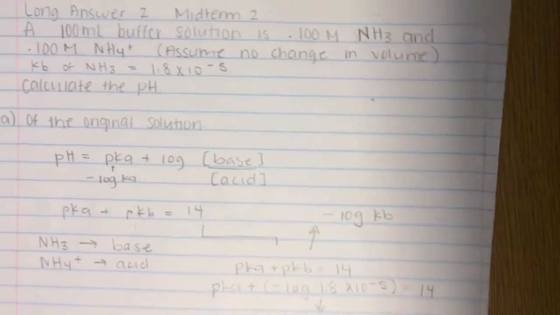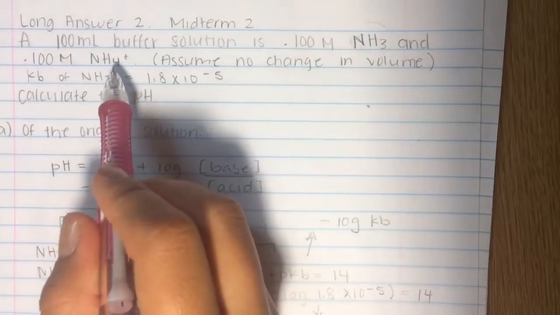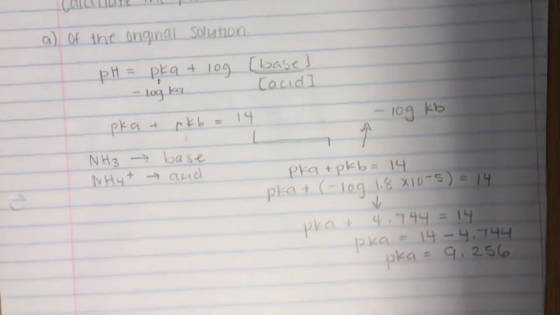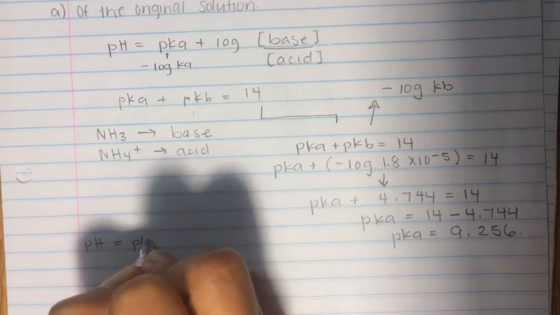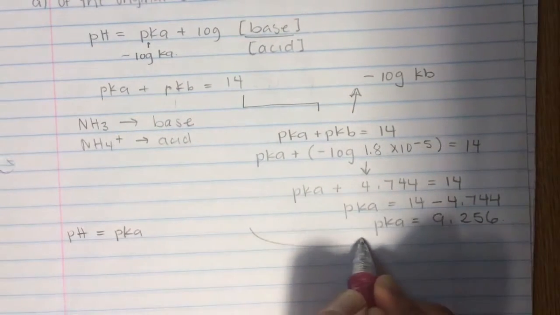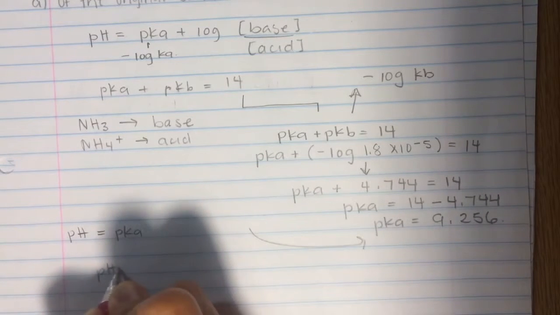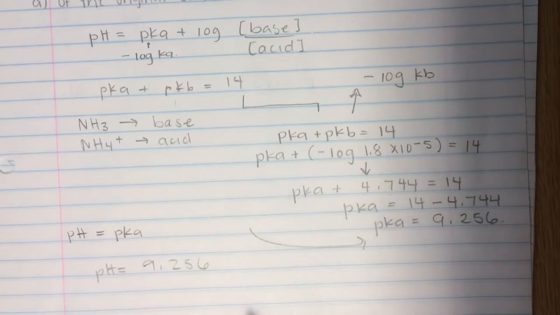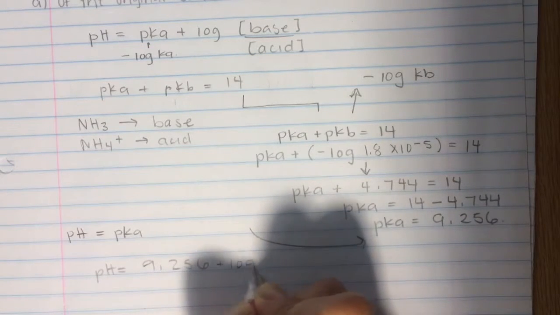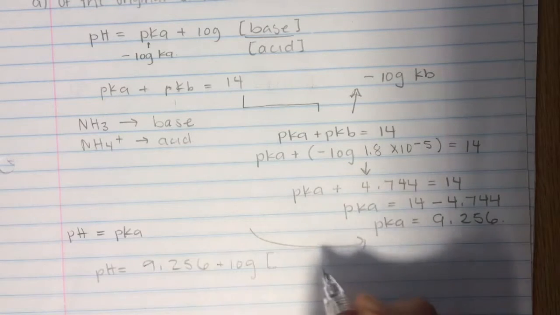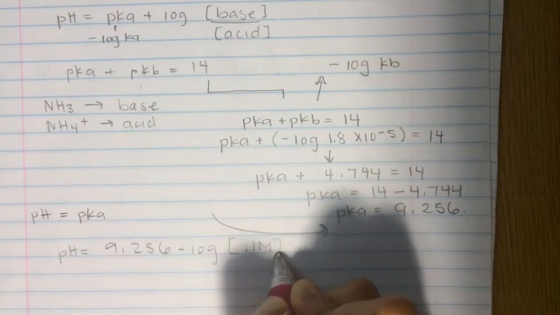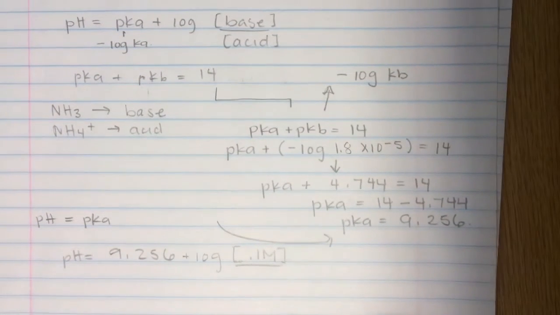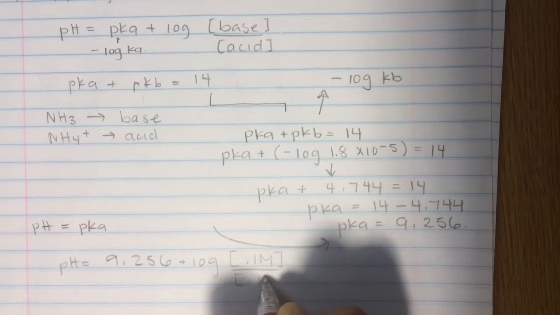Since you're already given the concentrations of NH3 and NH4 plus, you could just plug that into the Henderson-Hasselbalch equation, which is pH equals pKa, which you just found, plus the log of the concentration of your base, which is NH3, and you know that is 0.1 molar, over the concentration of your acid, which you also know is 0.1 molar.